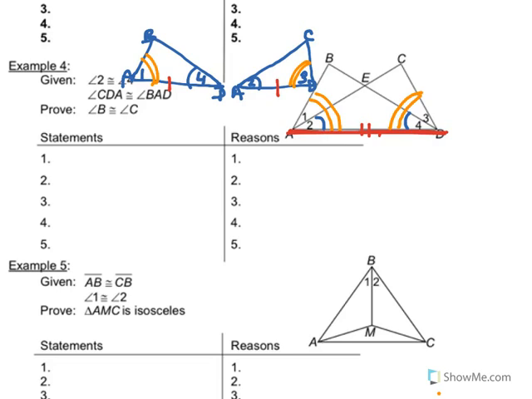Okay, so let's go ahead and do the proof and see where it takes us here. So first statement we're going to say is angle 2 is congruent to angle 4. That's a given. And then our second statement is going to be angle CDA is congruent with angle BAD.